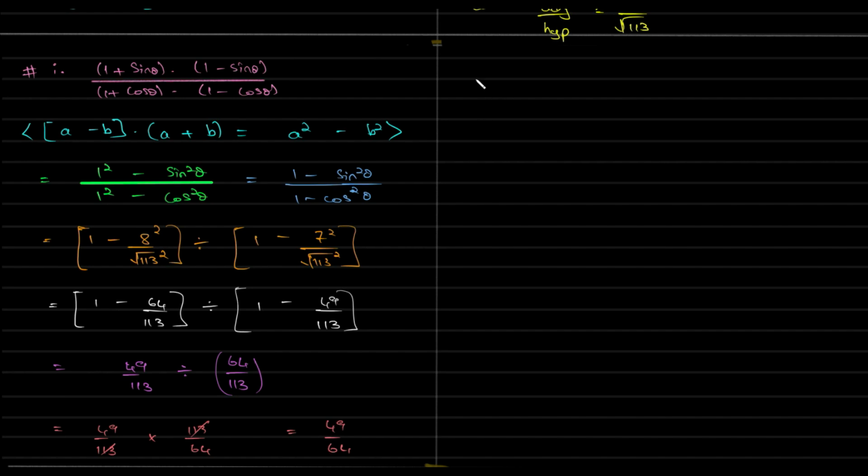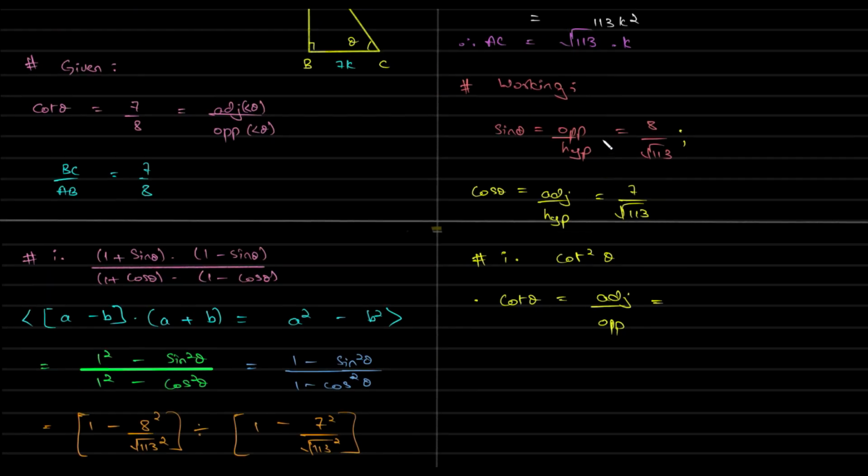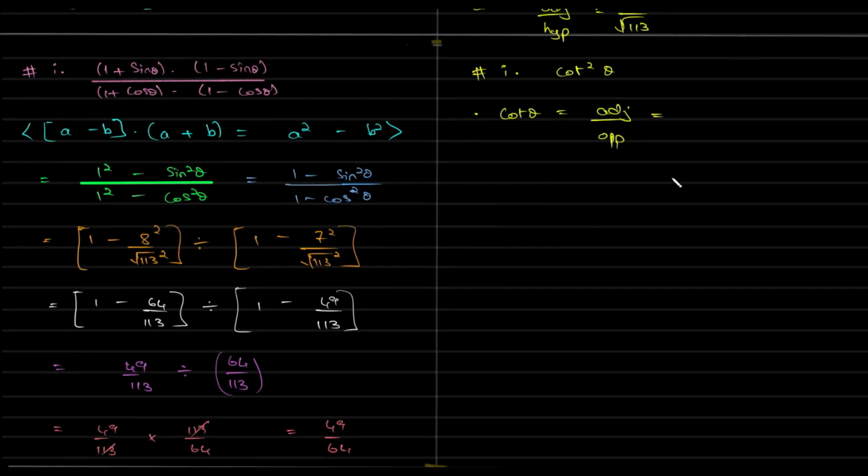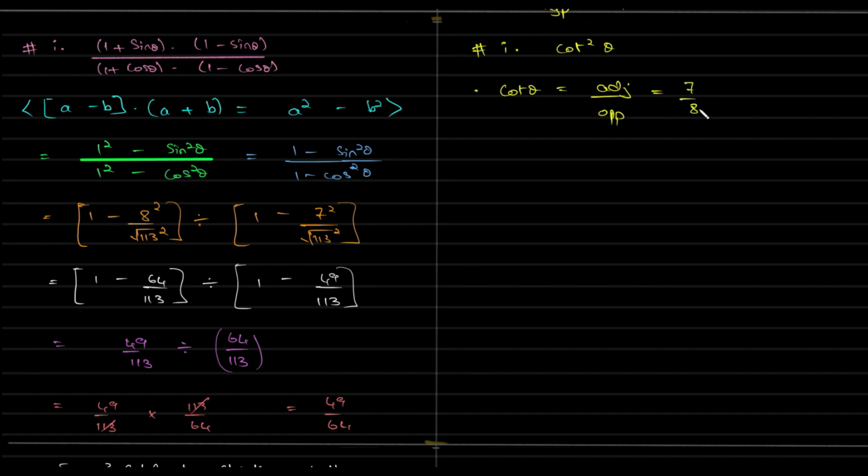Lengthy working, but yeah. And next is cot square theta. For that we need to find cot theta first. Cot theta is equal to adjacent of angle theta by opposite of angle theta. So adjacent is 7, opposite is 8, 7k by 8k.